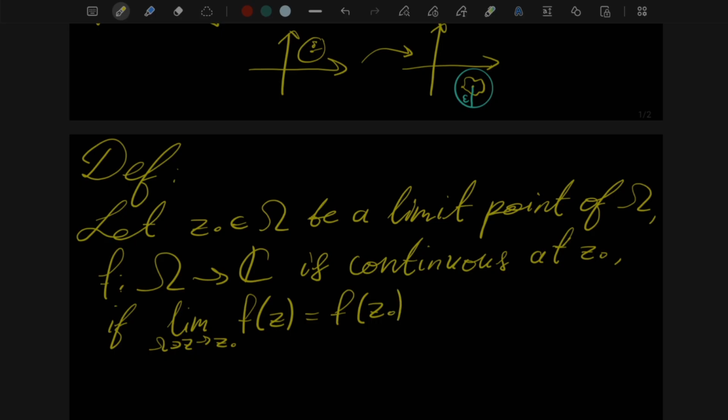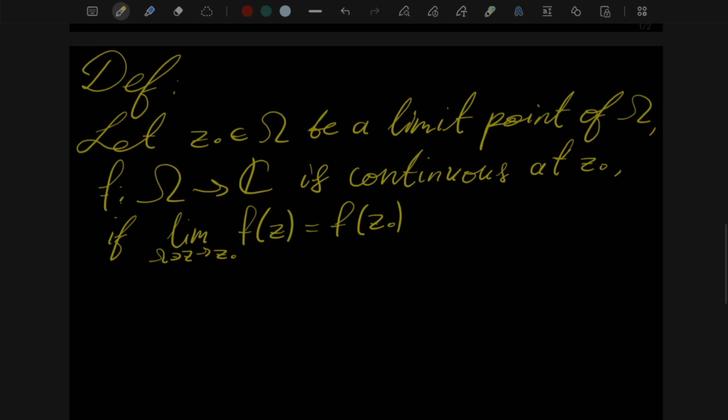So a function is continuous if its limit at a point is its value at that point, and it is extremely similar to the real limits of our real valued functions. And we can also define continuousness in a domain.